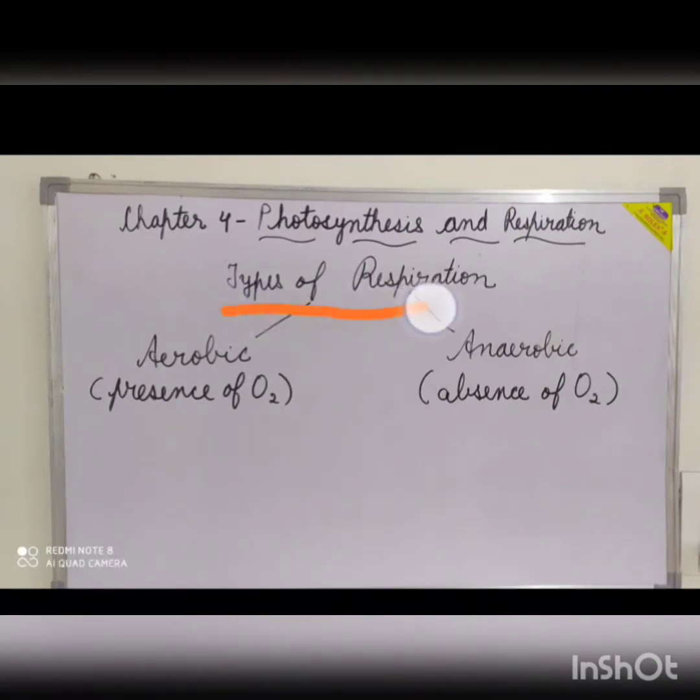Types of respiration. Depending on the breaking down of food in the presence or absence of oxygen, respiration is of two types: aerobic respiration in the presence of oxygen and anaerobic respiration in the absence of oxygen.